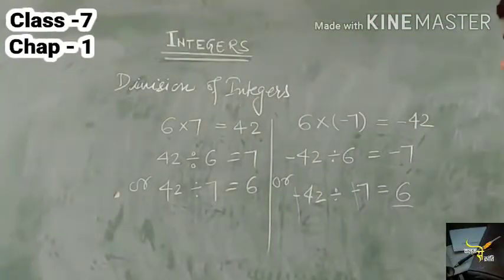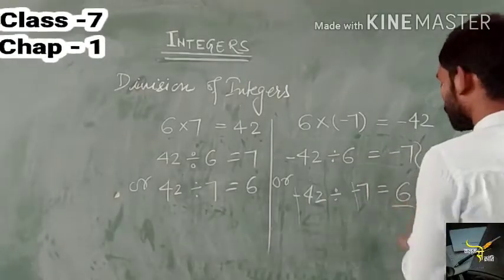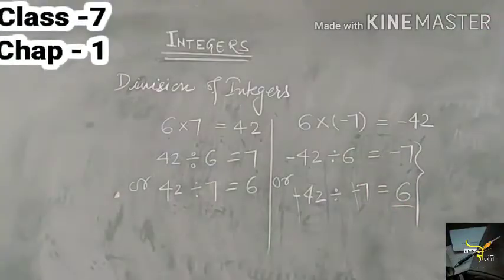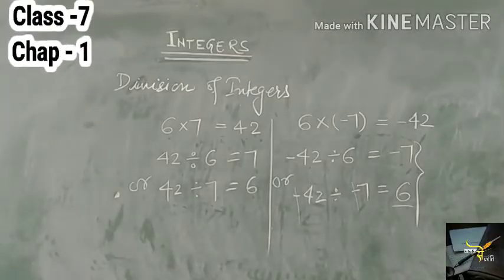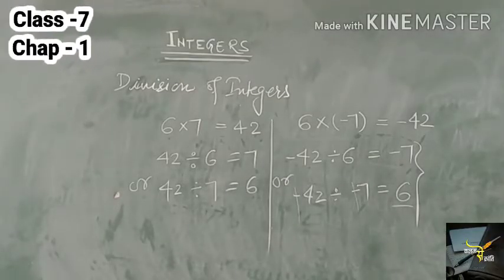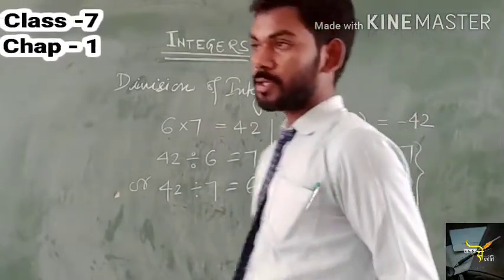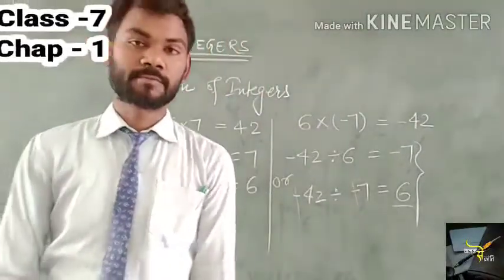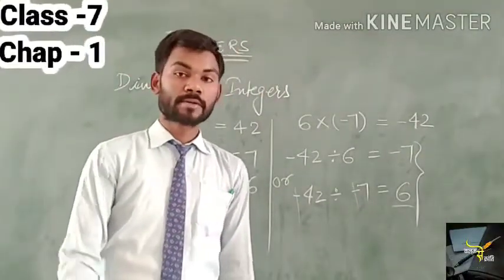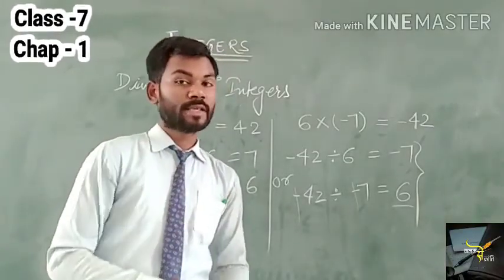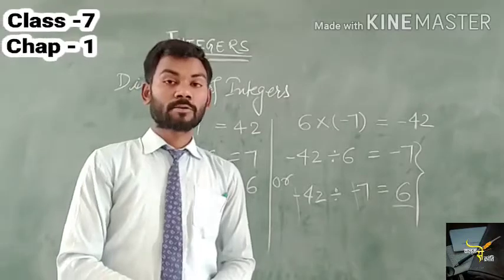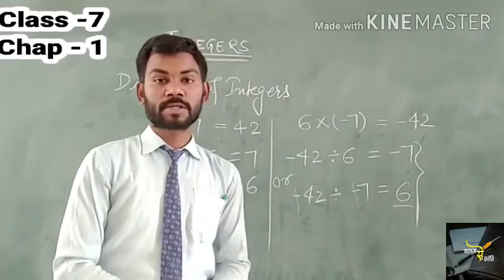So from these two conditions we conclude that if the divisor and dividend are of the same sign, the quotient will be positive.